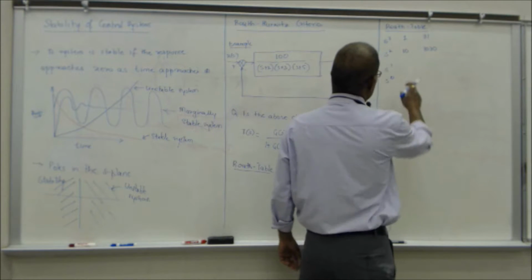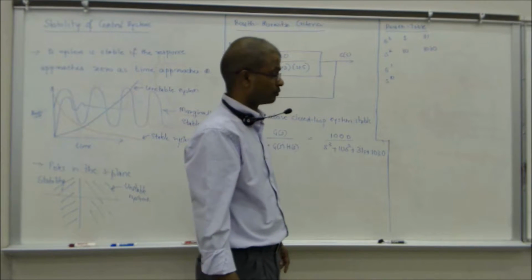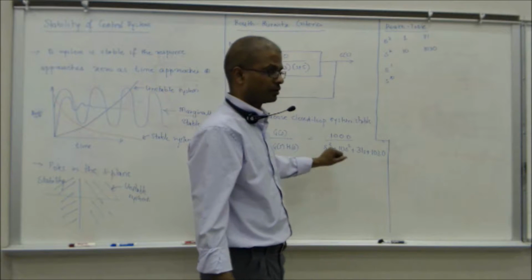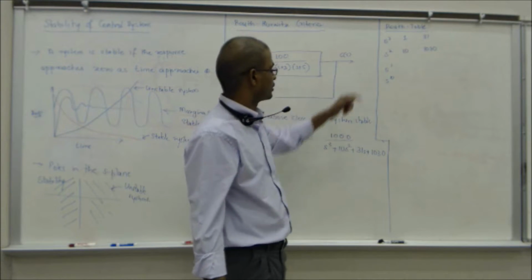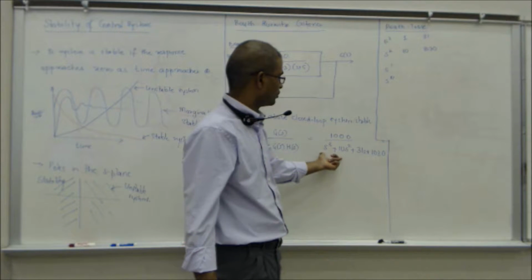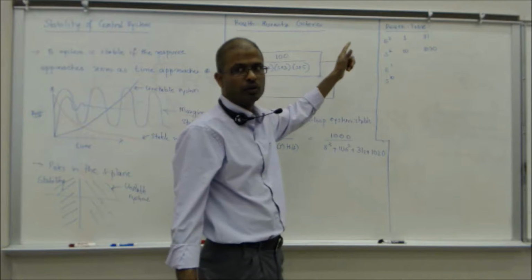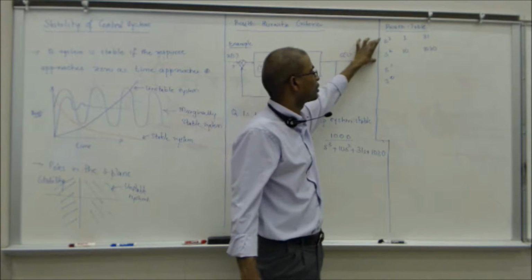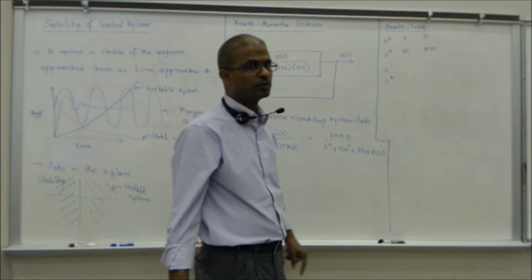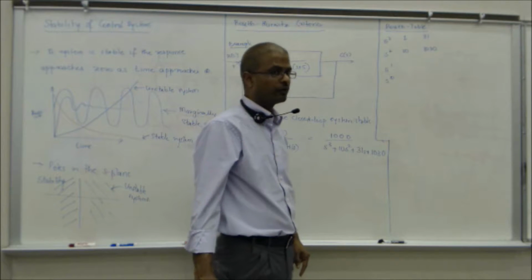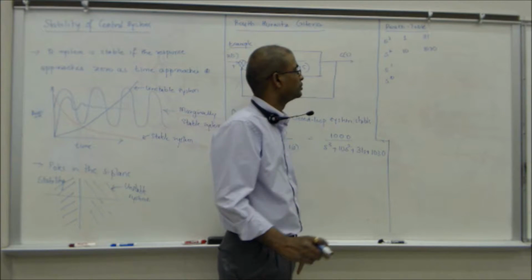Now you need to figure out the remaining elements. If it's an even powered polynomial, you start with even. If it's odd, you start with odd. The first two rows are always pre-populated.